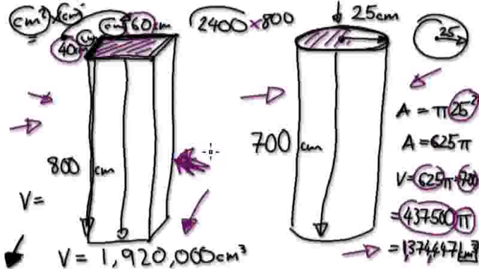Well, if it needs more steel, then it would cost more. So it would be better to go for this design here, the circular pillar, because the volume is less. So we will need less steel. So less steel means cheaper. So this would be a better design. Choose this one here, the circular pillar.